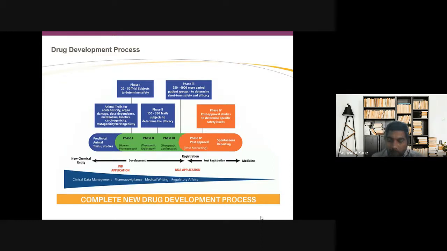And phase 4: sometimes, though we receive a grant from the health authorities to market the drug, they also put a condition to study the drug further, if they feel the data gathered till phase 3 is not sufficient or we haven't fully understood the drug. Then it has to be carried out in phase 4.